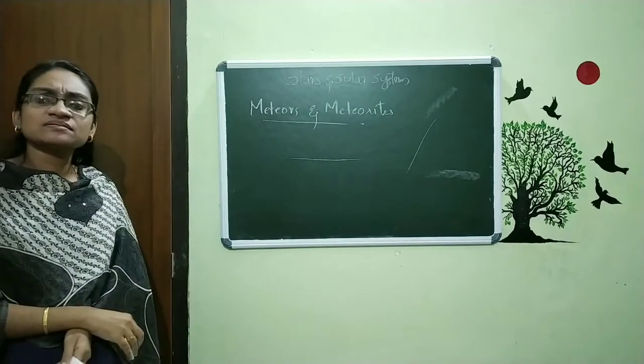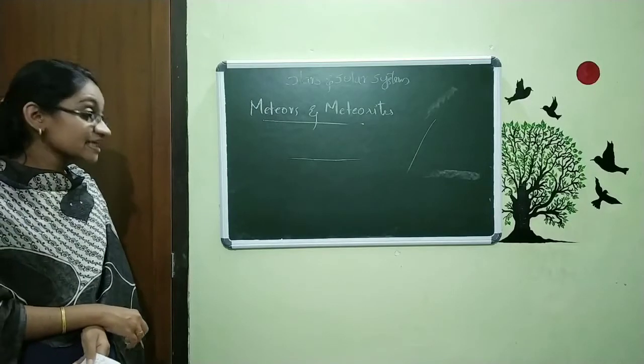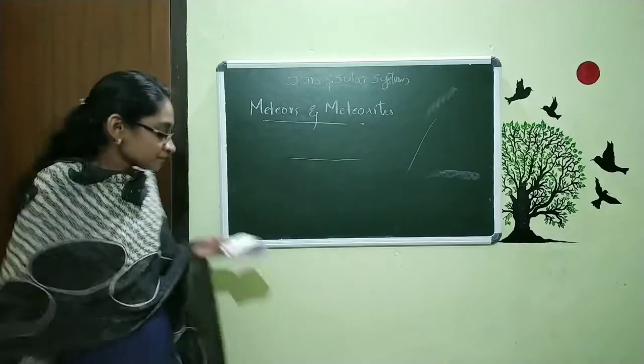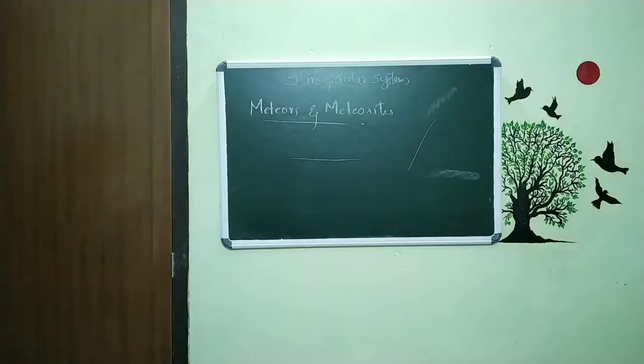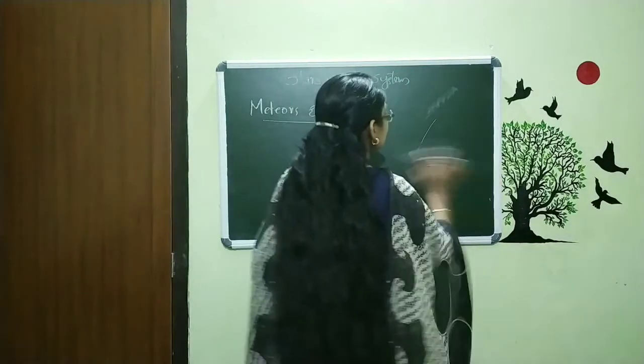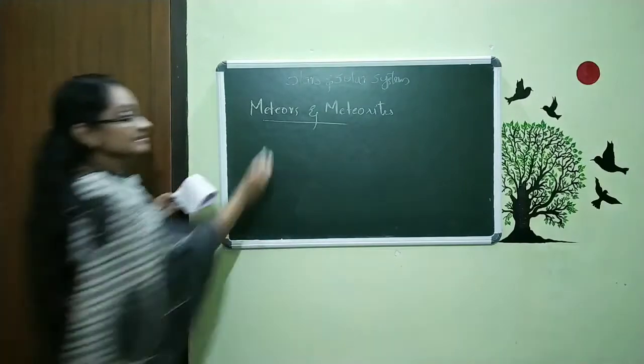And what is that? Is it any type of star? Actually, it is not a star, and that is what a meteor is. Now we are going to discuss what a meteor is. A meteor is a small object. First we are going to discuss the first one, that is the meteor.